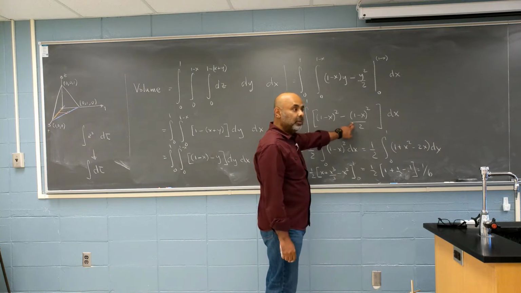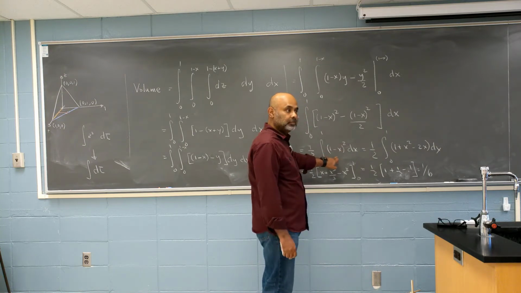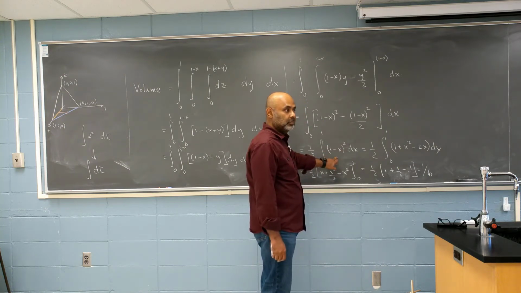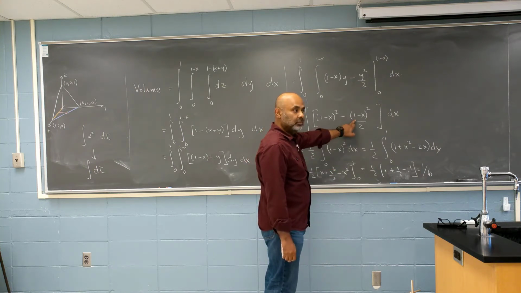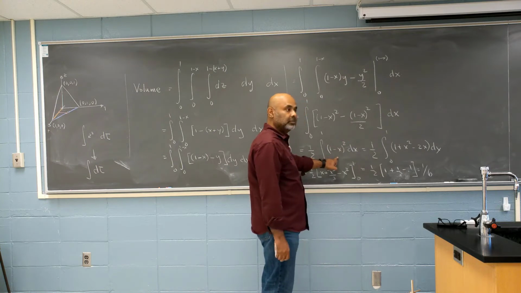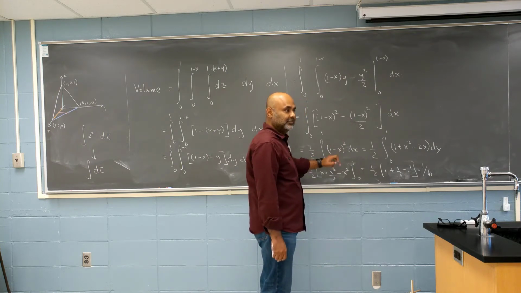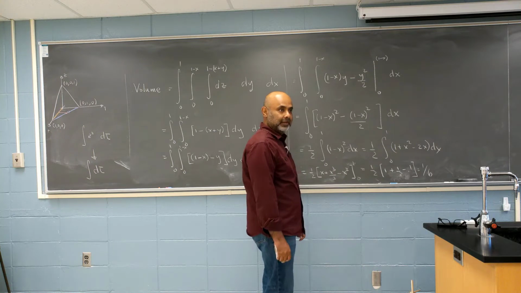Apple minus half an apple is the remaining half an apple. Apple minus half an apple is the other half of the apple. Yeah?